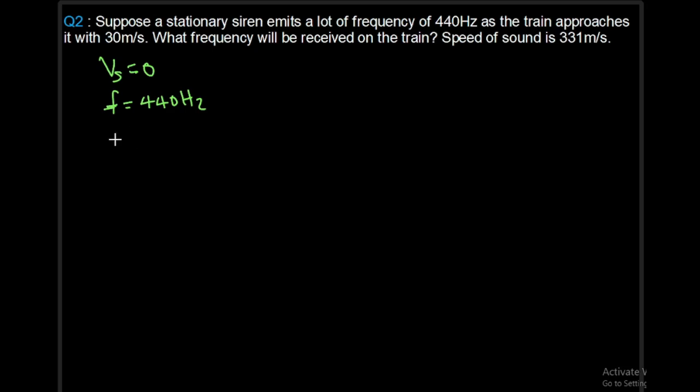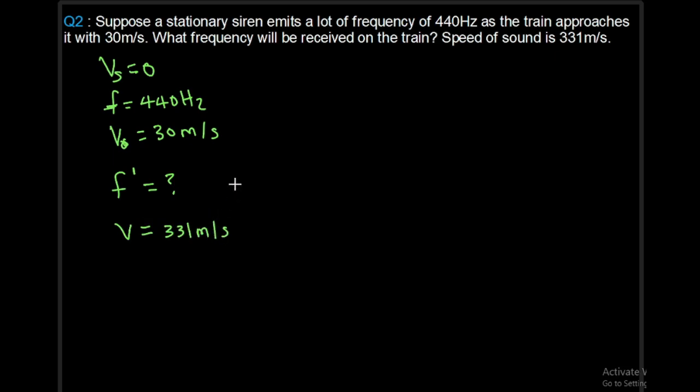So we have velocity of observer here to be 30 meters per second. So we are looking for the apparent frequency. Now the speed of sound is 331 meters per second, so V was given also to be 331 meters per second.